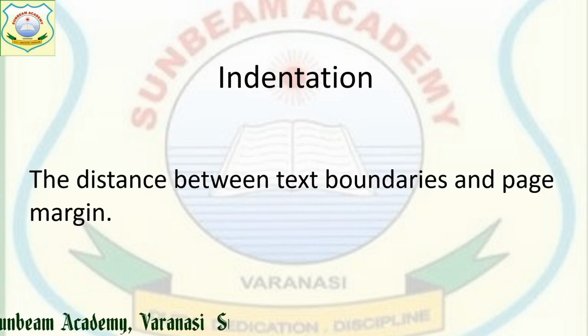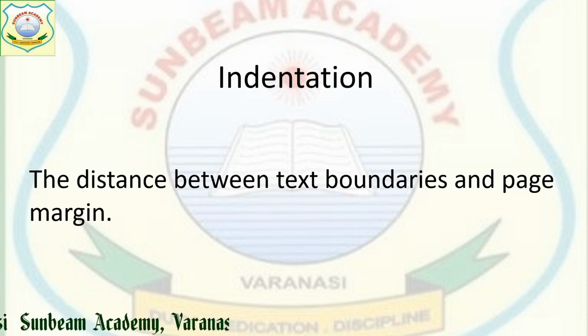Next is indentation. Indentation is the distance between text boundaries and the page margins. Now I am going to make clear here what I told you about margins and indentation. You can say margins and indentation are the same, but practically, margins are the space between the paper edge and the text.